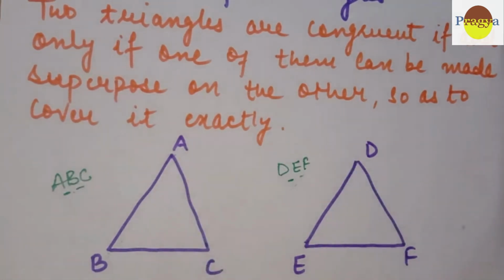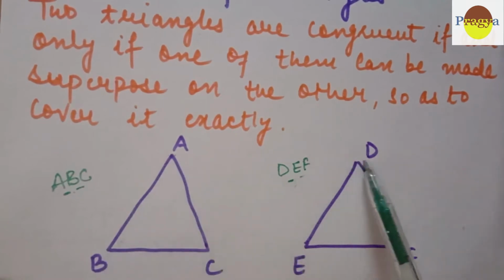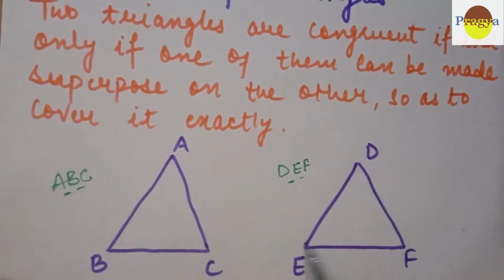Now what I want to teach you is that we only take corresponding parts of these two triangles. Corresponding part means the first side of the first triangle with the first side of the second triangle. We will not take AB with any other side. If the names are ABC and DEF, the first side is AB and here the first side is DE. We will take AB with DE only.